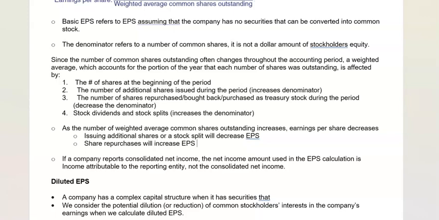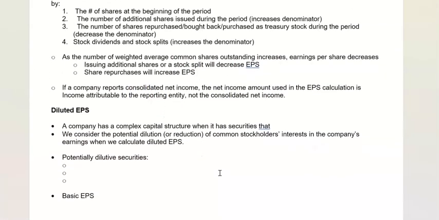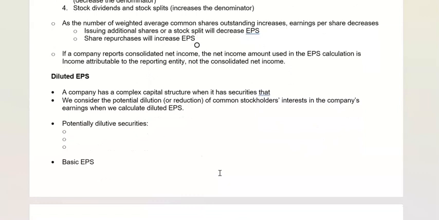How about diluted earnings per share? At the bottom of the income statement, a company reports both basic earnings per share as well as diluted earnings per share. Let's start with what a complex capital structure means.